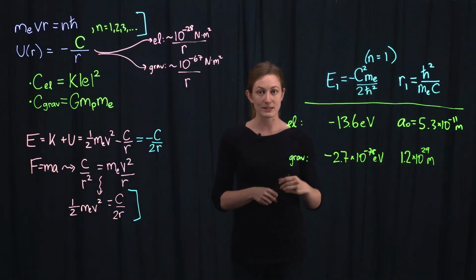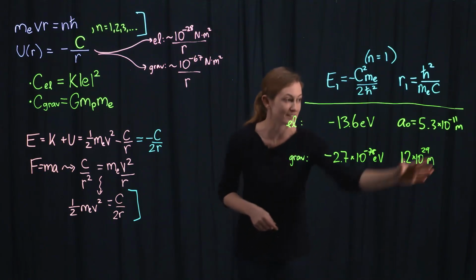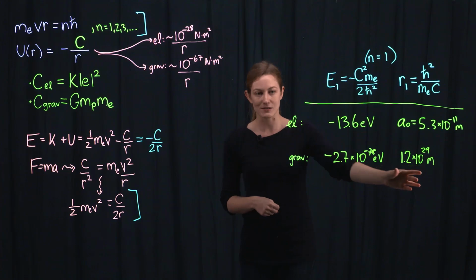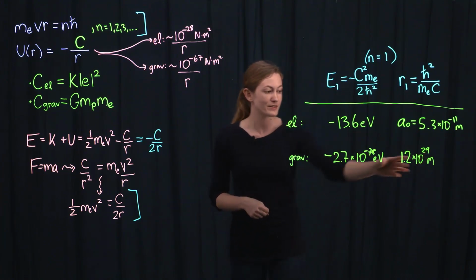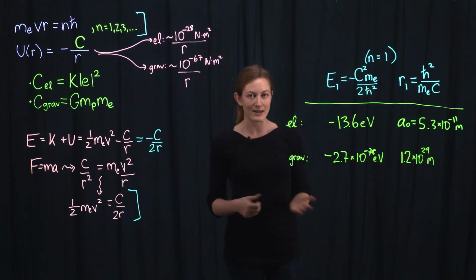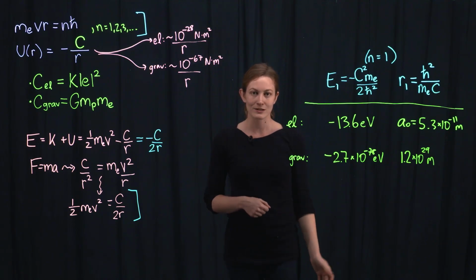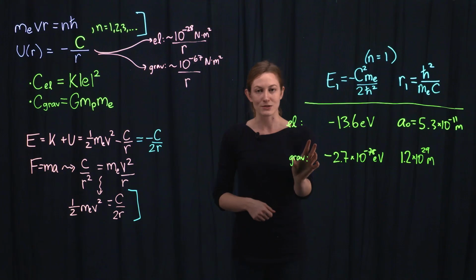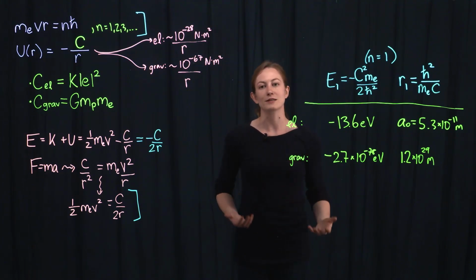So like we predicted, this is a larger radius than the Bohr radius. It is much larger. This is a huge number. This is actually on the order of the size of the observable universe. So, which is reflecting the fact that the force of gravity between these particles is much weaker than the Coulomb force.